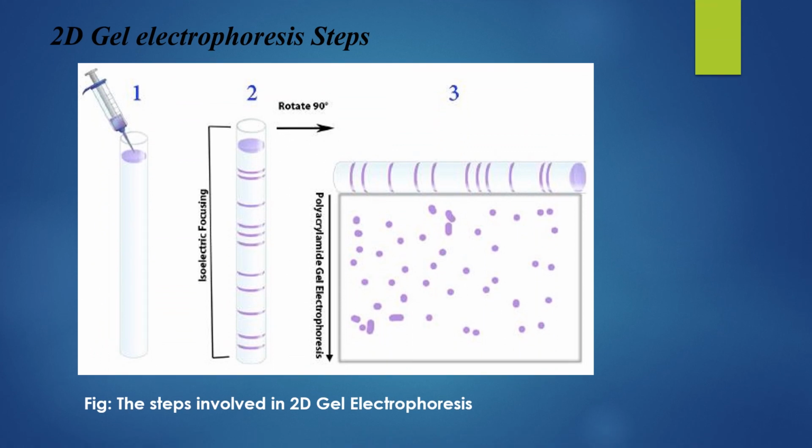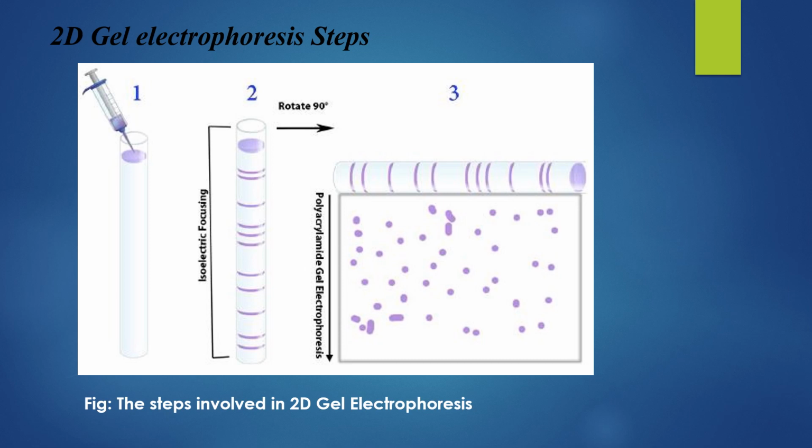So in this picture, your first step is to introduce your lysate into the isoelectric focusing. The isoelectric focusing separates them based on their pI or charge. And then at step 3, you turn it 90 degrees.